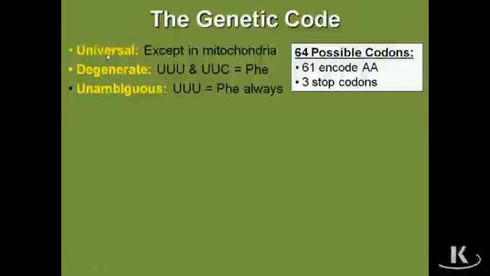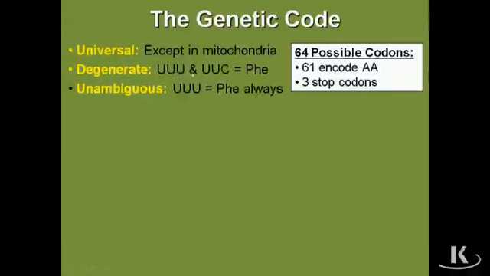There's one exception where the genetic code doesn't hold very tight. It holds, but there might be some nuances to that, and that's in mitochondria. Now, you don't have to worry about those differences. Just understand that the genetic code is universal. You could get that tattoo, and it would apply to any organism that you're going to look at, except for maybe mitochondria.